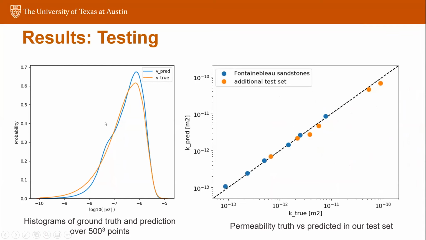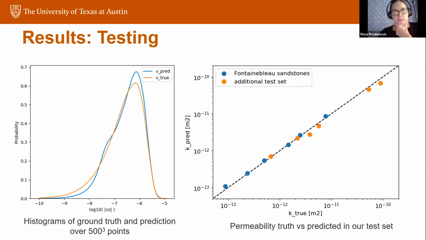In orange, we have the Lattice-Boltzmann velocity prediction, and in blue, we have the PoreFlow-Net velocity prediction. And to the right, you can see the true permeability versus the predicted permeability in several of these test samples. And you can see that we're able to predict up to 5 orders of magnitude with these networks.